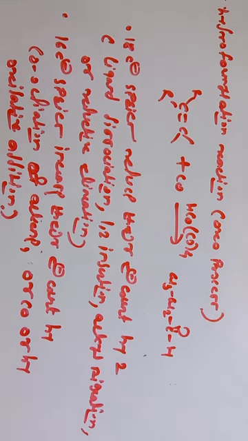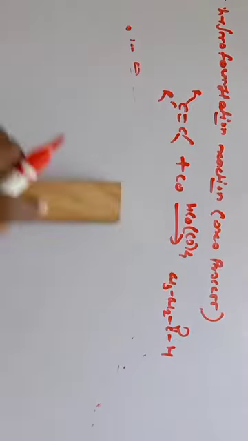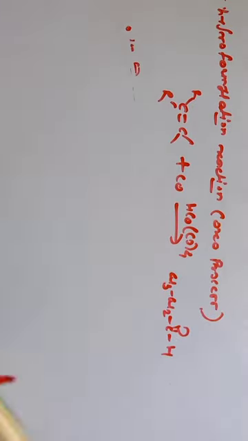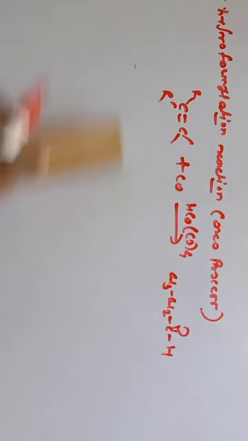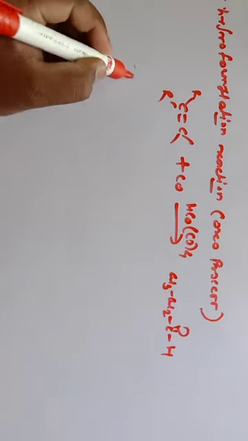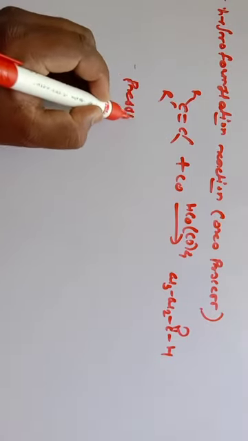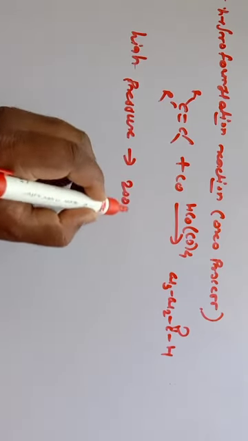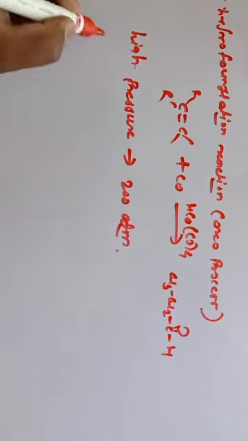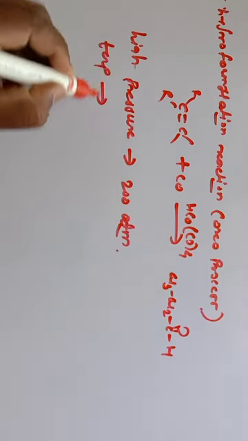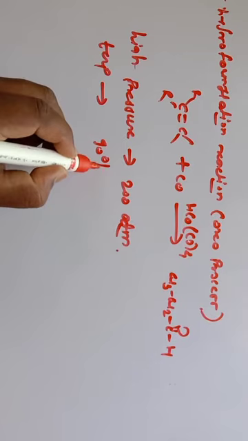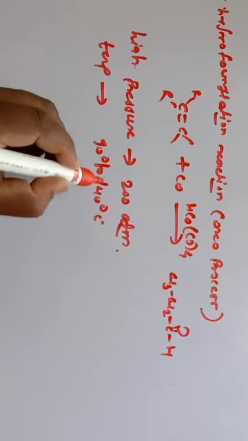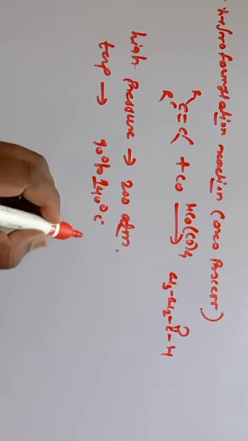Generally, this oxo reaction is carried out at high pressure, up to 200 atmospheres, and at a temperature of 90 to 140 degrees, in presence of catalyst and solvent.